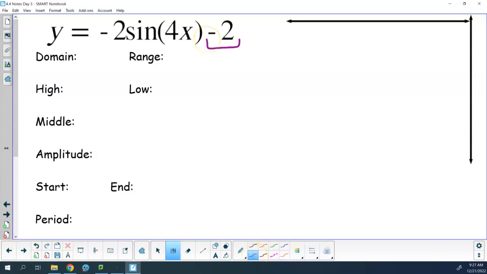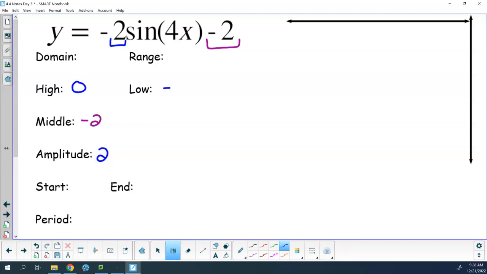So this part here tells me what? My middle is at -2. This part here tells me what? That's going to be 2. So -2 plus 2 is 0. That would be my high. -2 minus 2 is -4.